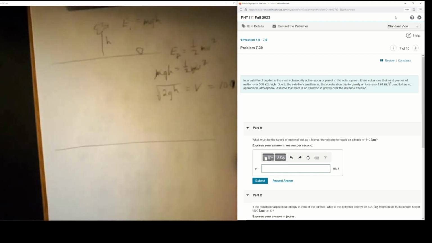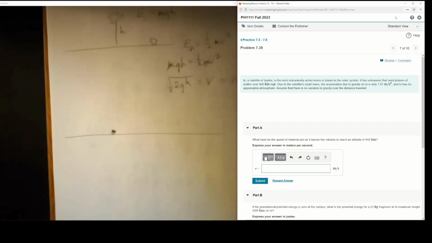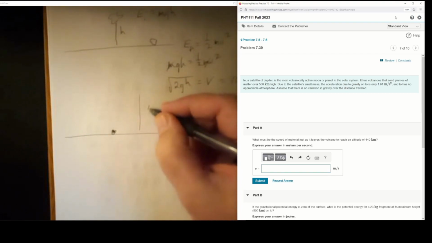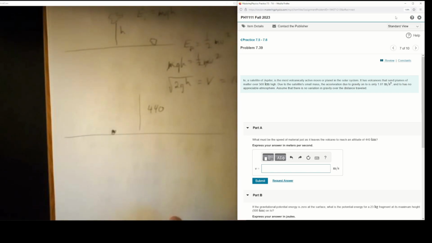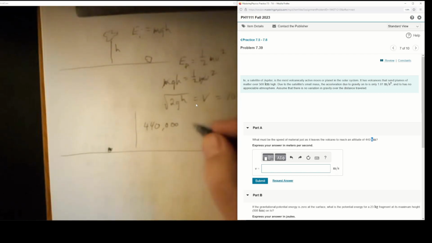So we have our volcano, and it's going to eject this piece of matter. And this matter is going to go a height of 440 kilometers. Now, the nice thing about the metric system is the prefixes literally just mean a number. K means 1,000. So if I want to convert this to meters, I'll just throw on another 3 zeros for 1,000. So 440,000 meters is our height.